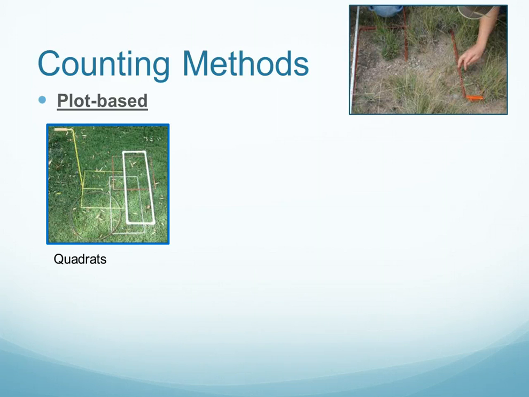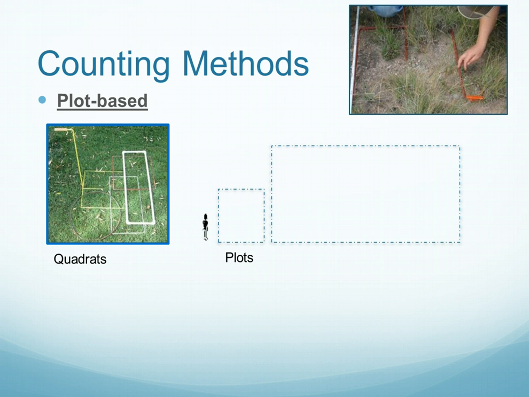Frames generally have edges, and they're hard, and you have to carry them. So if you need a frame that is quite large, it can be difficult to carry them around in the field. And so then we may instead use plots that don't have edges.